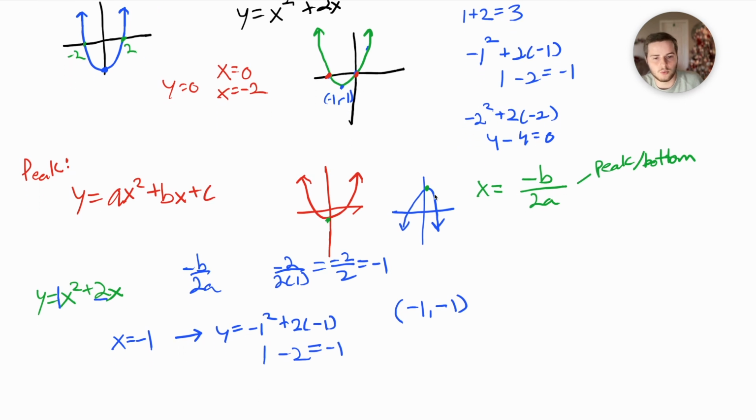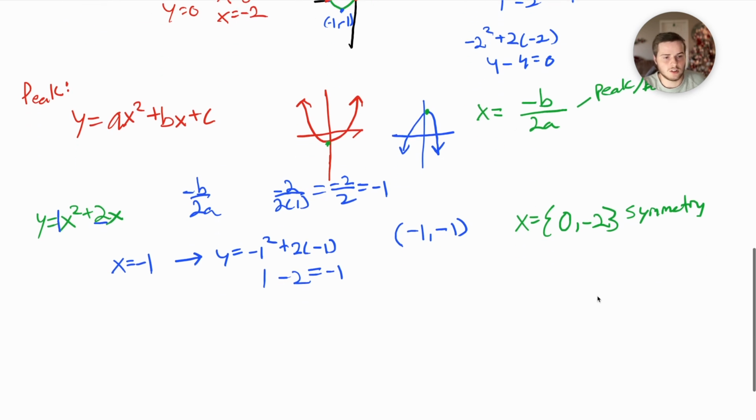Now, another way that I wanted to talk about finding the intercept is something that might be a little more intuitive. So we know that y equals 0 at 2 points for the quadratic. Okay, and up here we said that x can equal 0 or x can equal -2. And this is where an important idea of symmetry falls into play, and that's why I wanted to mention that the quadratic equation is symmetrical.